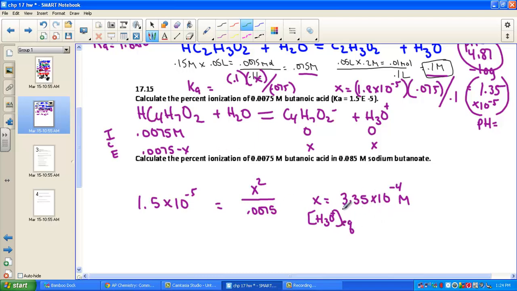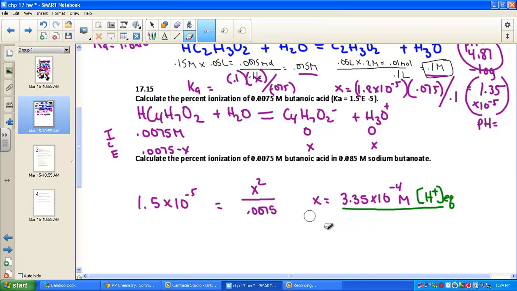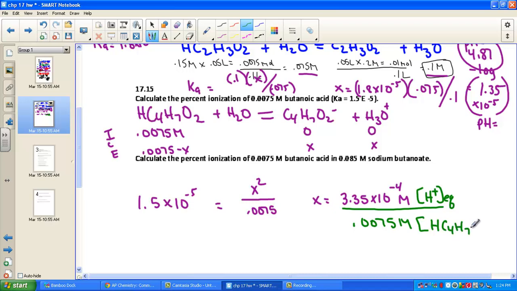So to continue that thought process, we take the hydrogen ion at equilibrium, or hydronium, same thing, and I want to just set that over the original concentration of 0.0075 molar. That was our weak acid initially.